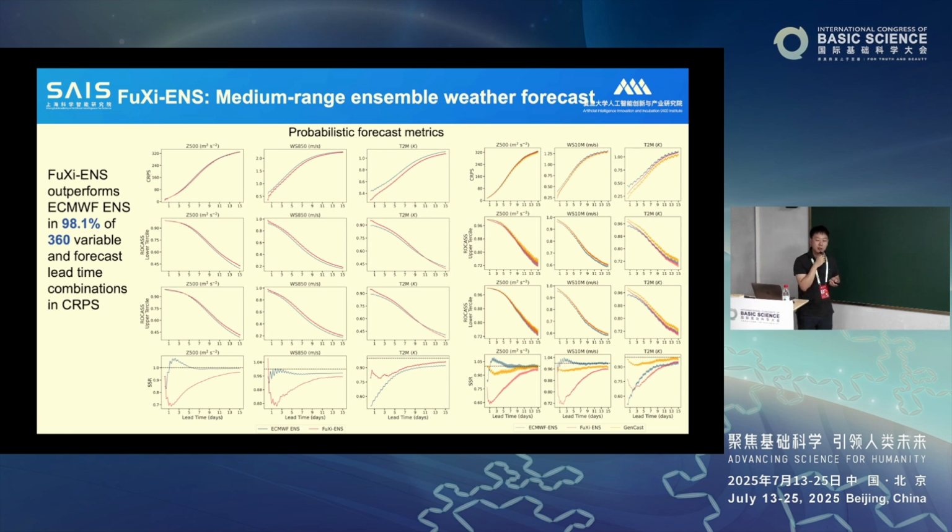You know how your different forecast members differ from each other, and you want this spread to represent the potential error from your model. If this SSR value is closer to 1, that means you can basically estimate how much error there is in your model's future forecast from your ensemble spread.